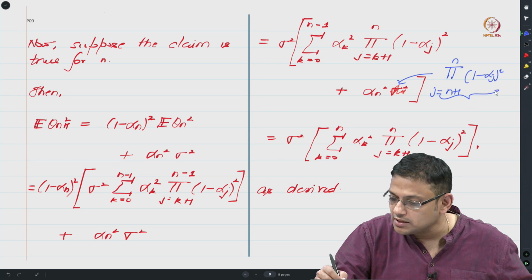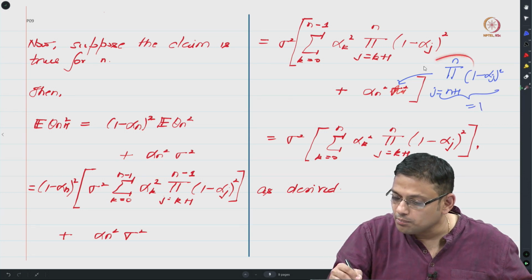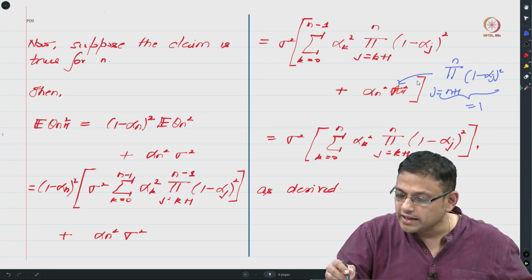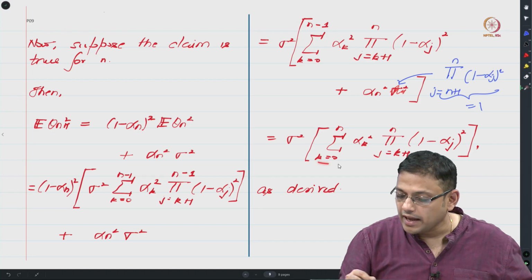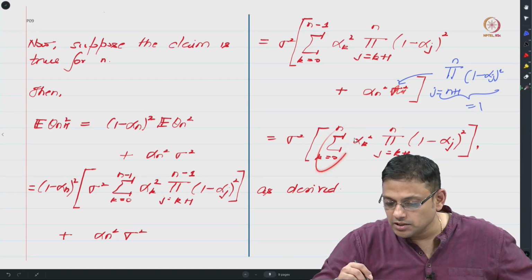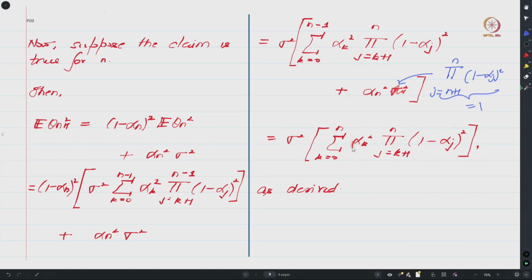If you interpret this as 1, I can replace it back over here, and one can see that this whole summation can be jointly written as the summation k equals 0 to n of alpha k square times the product going from j equals k plus 1 to n of (1 minus alpha j) square.